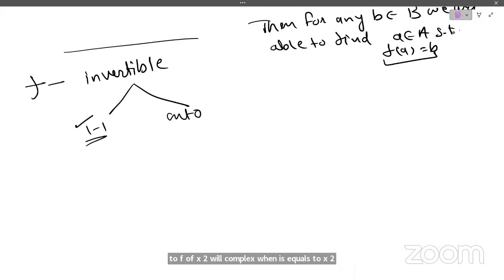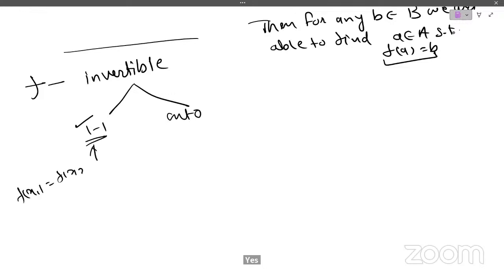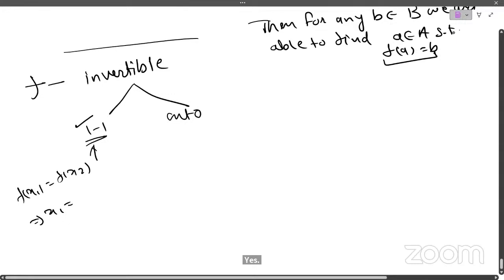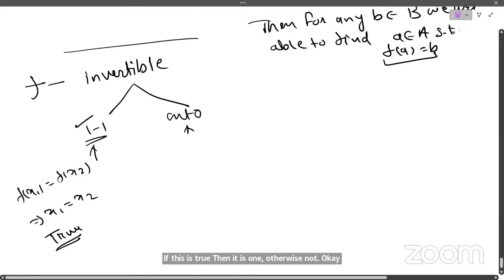For one-to-one, you have an explicit expression to evaluate, correct? Yes, ma'am. That f of x1 is equal to f of x2 will imply x1 is equal to x2. If this is true, then it is one-to-one, otherwise not. Now for onto, it is a little bit tough work.